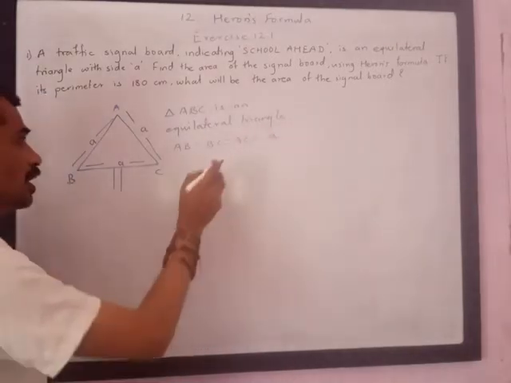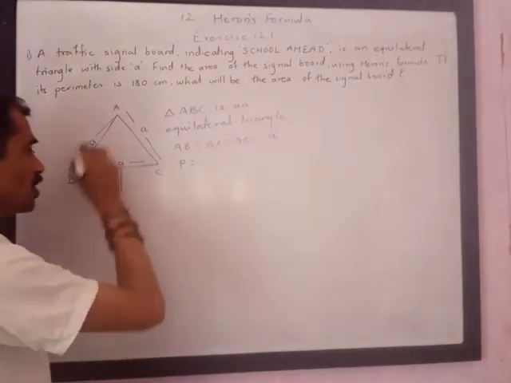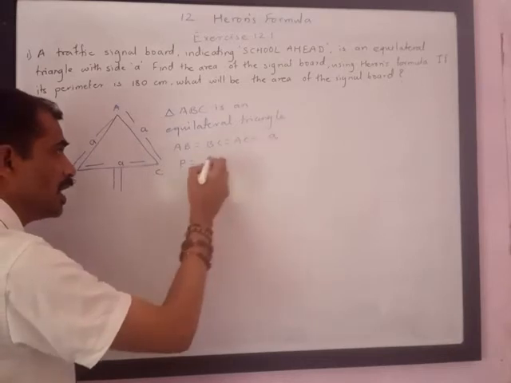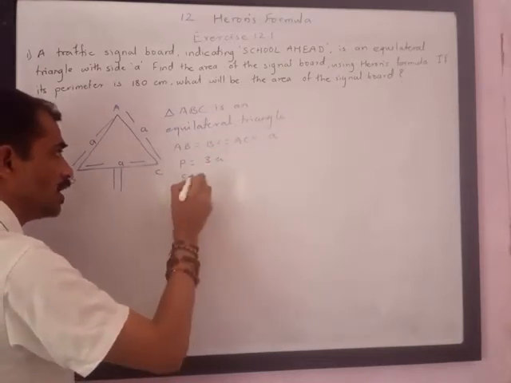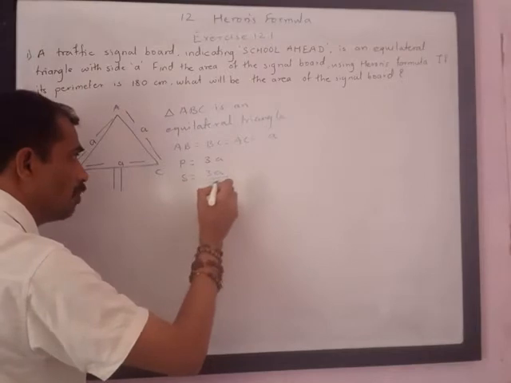Now let us find perimeter. Perimeter is equal to sum of all sides, that is AB plus BC plus AC, that is equal to 3A. S is equal to semi perimeter, that is 3A upon 2.